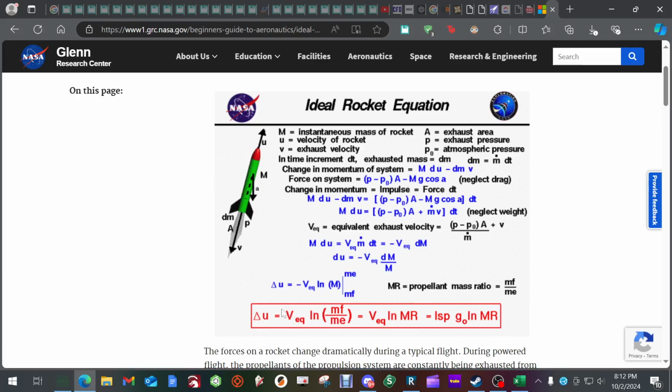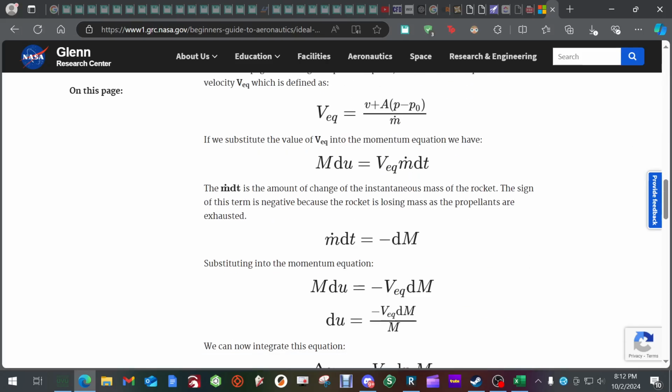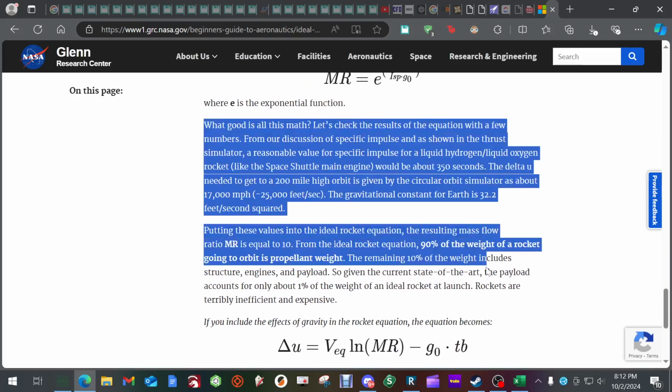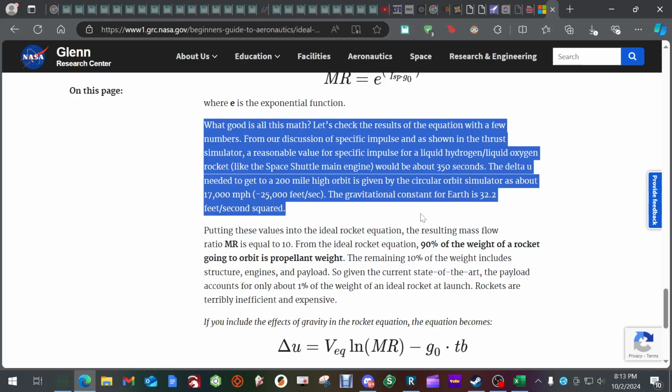It's your exhaust velocity multiplied by the natural log of the mass of full versus the mass of empty. This is called your propellant mass ratio. You can go ahead and follow this through if you want. The last little part right here is nice to read. It gives you an example of what the whole ideal rocket equation is about.